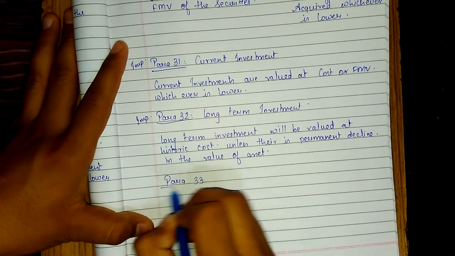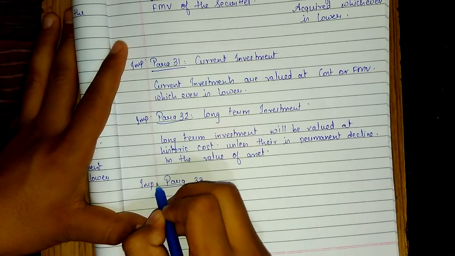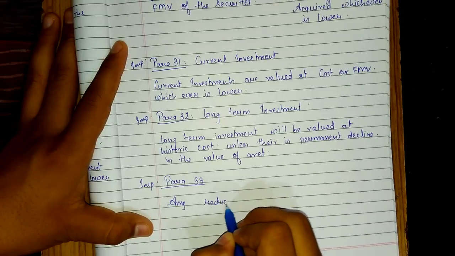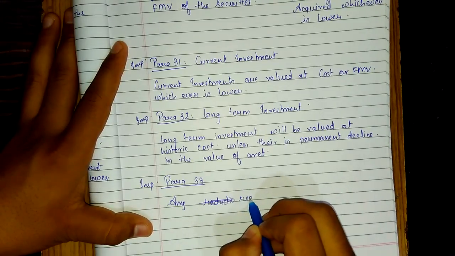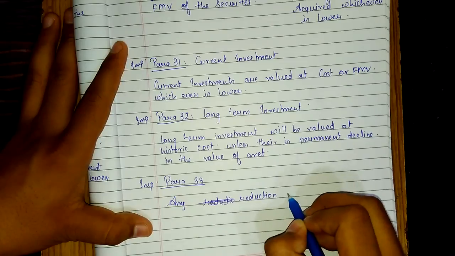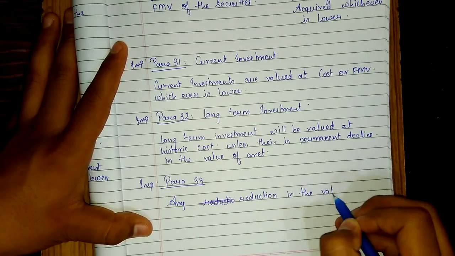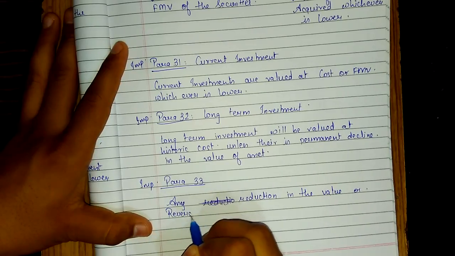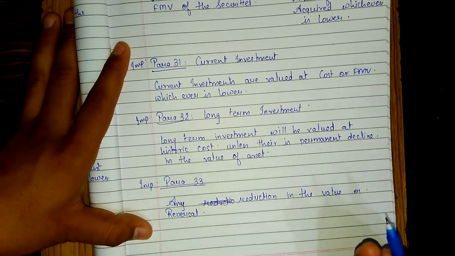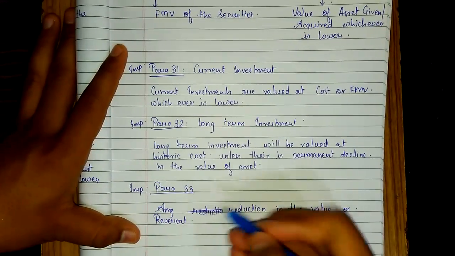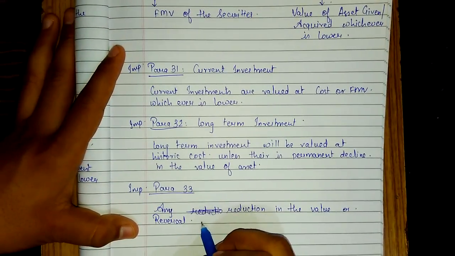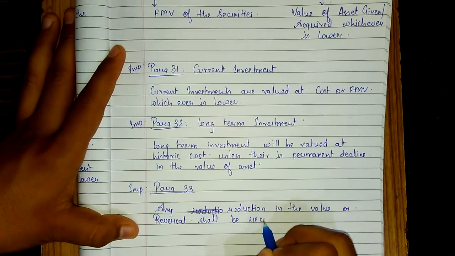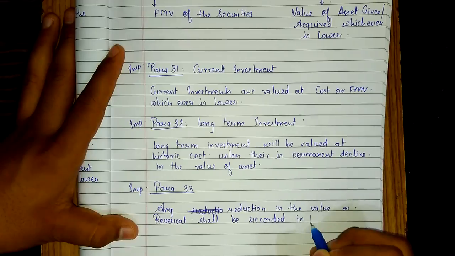Para 33 says, it is also important, any reduction in the value or reversal, that means if you have made any reduction and you have again reversed the reduction, that means you have appreciated, shall be recorded in the P&L account.